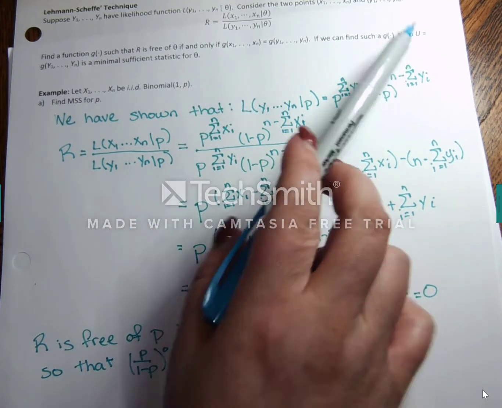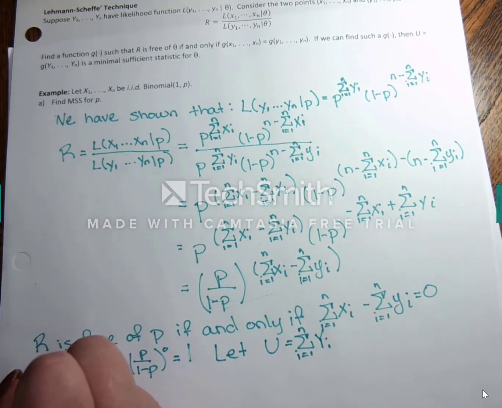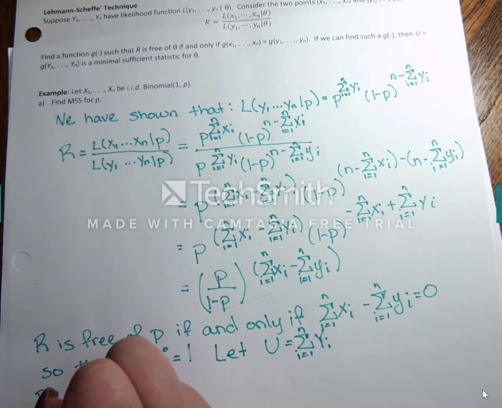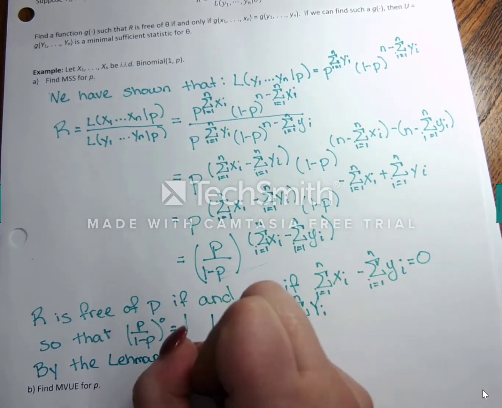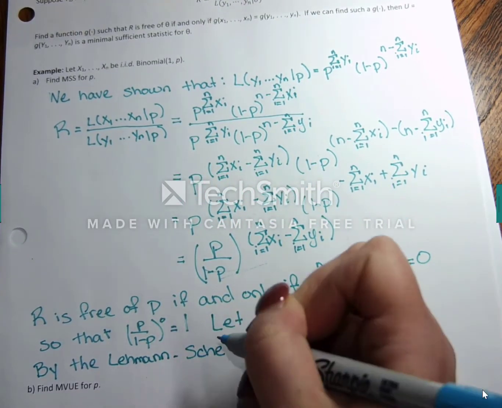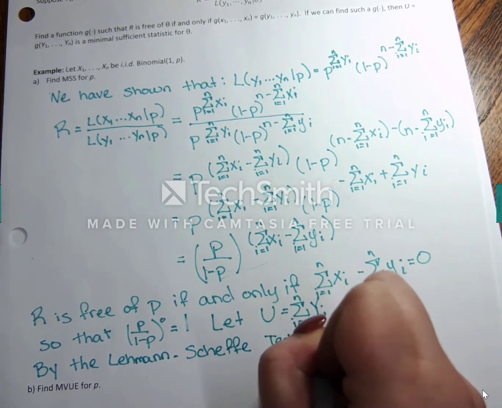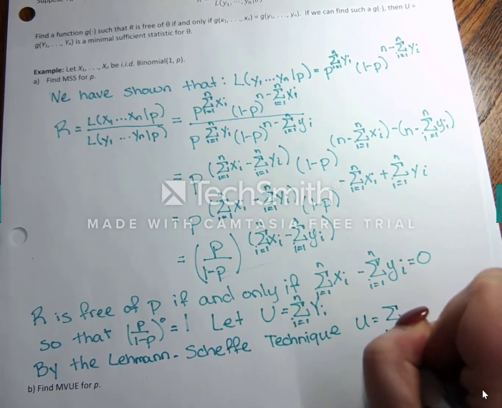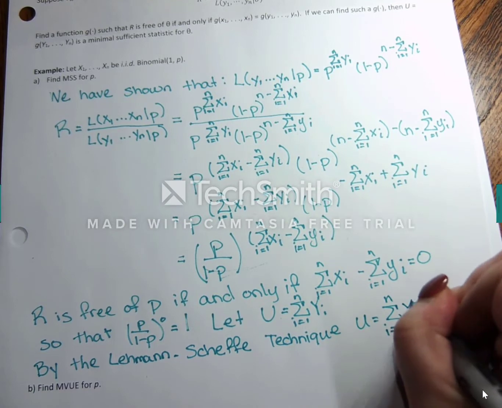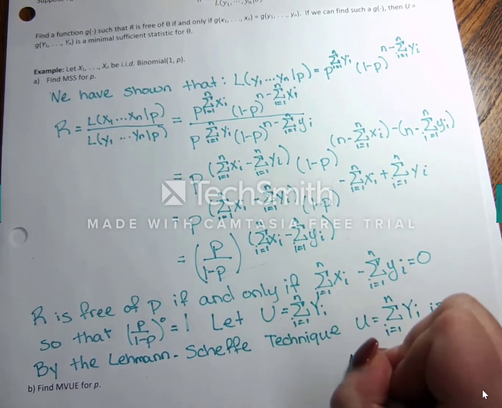So we're going to let U be equal to g applied to the random variables. So by the Lehmann-Scheffé technique, U, which is equal to the sum i equals 1 to n of yi, is a minimal sufficient statistic for p.